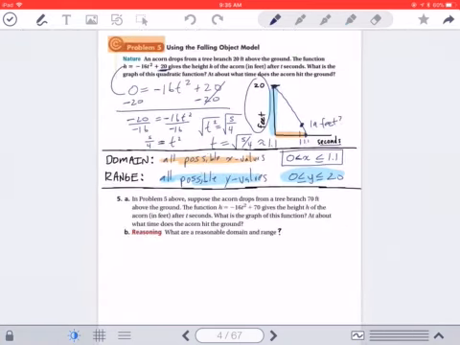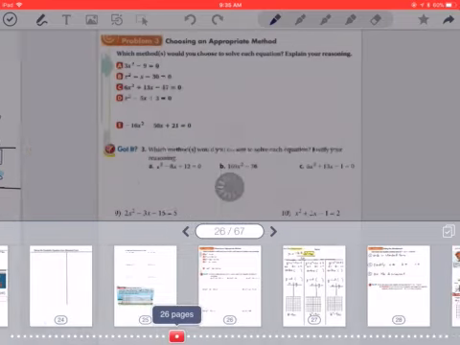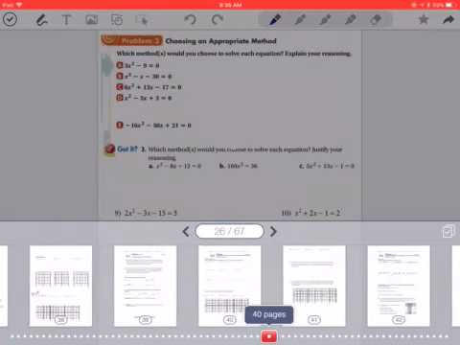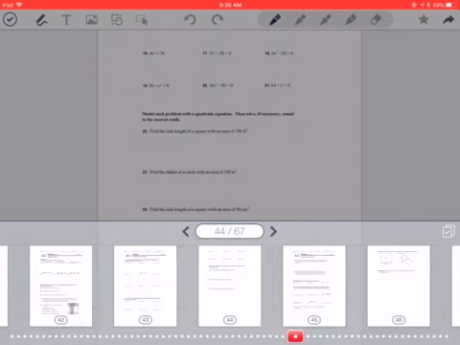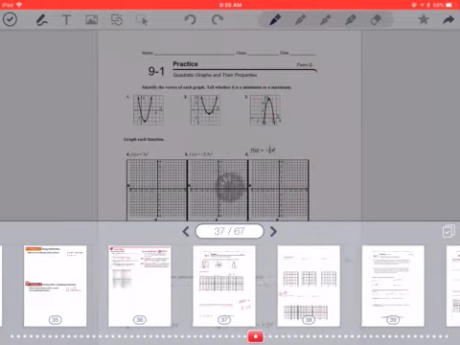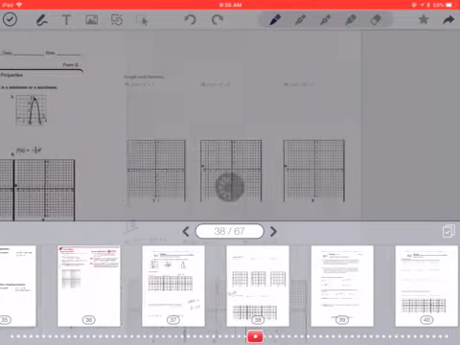All right, so your homework. Let's scroll to day 2. I think we're at page 37, something like that. Okay, right here. Your homework is in Google Classroom, and I'll put it in School Loop also.